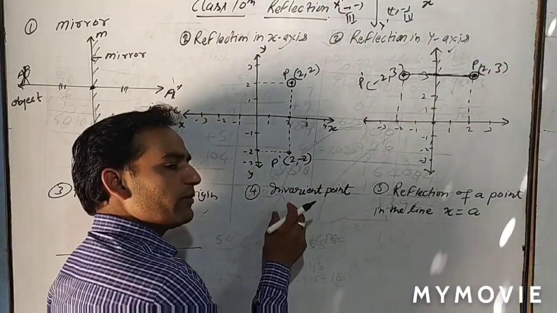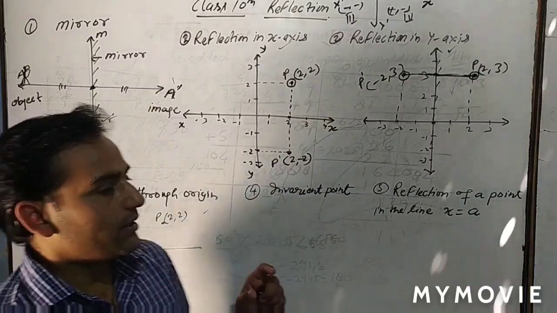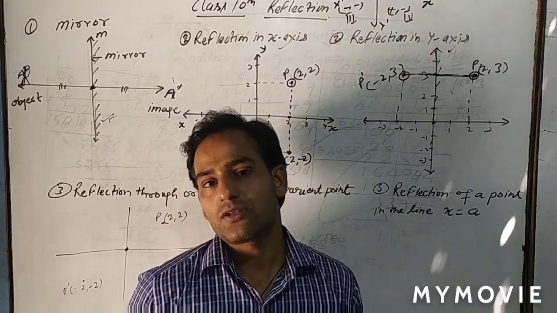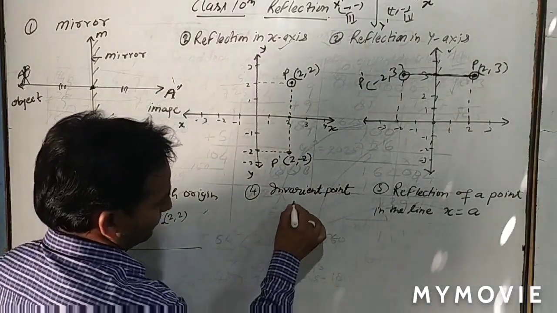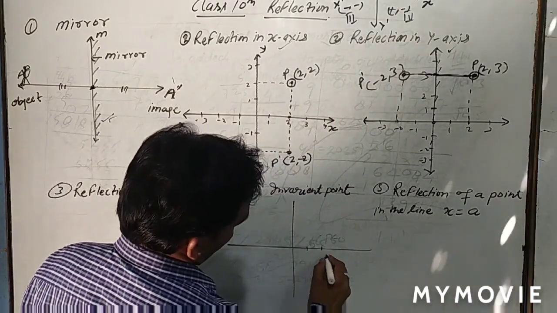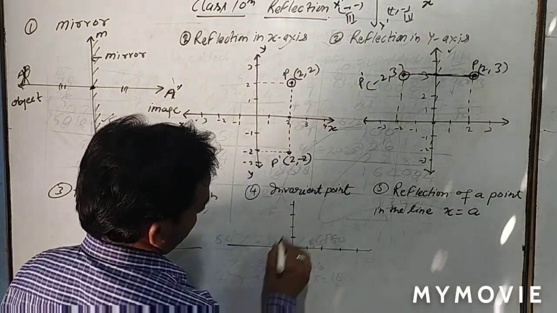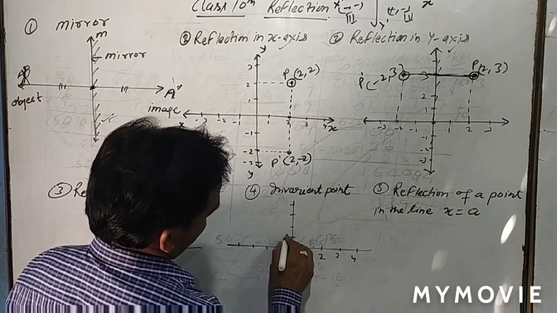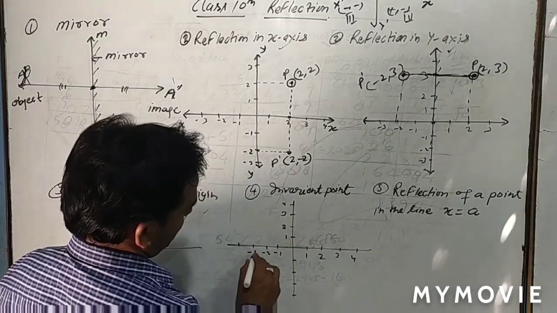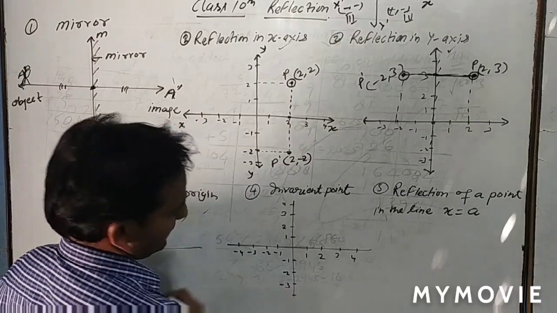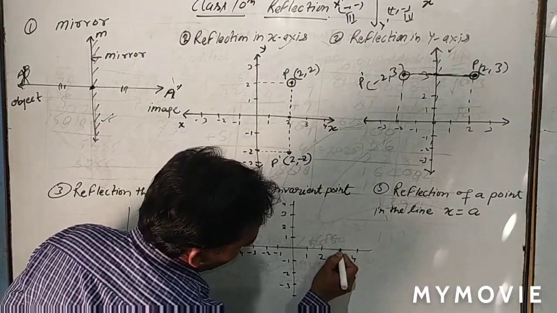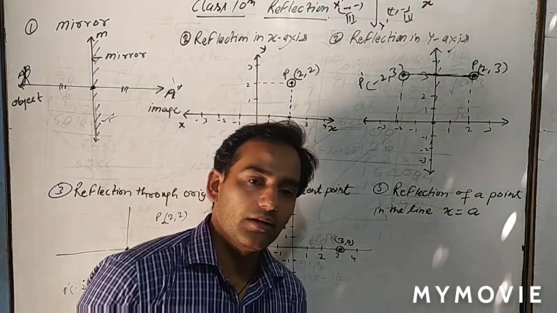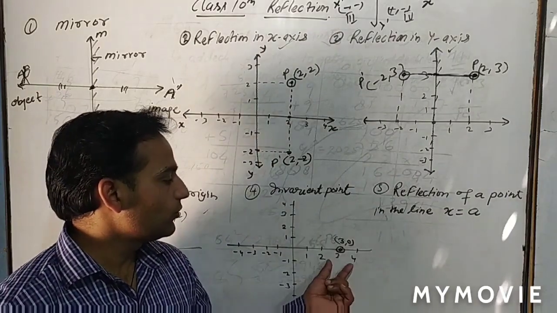Now, what do we mean by invariant points? Sometimes we keep the pen on the mirror and we do not get any change in the point. See how. Listen, if we have taken a point here, this is 3, 0, and we have to find the reflection through the x-axis.